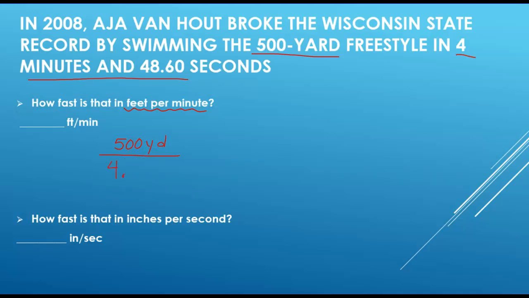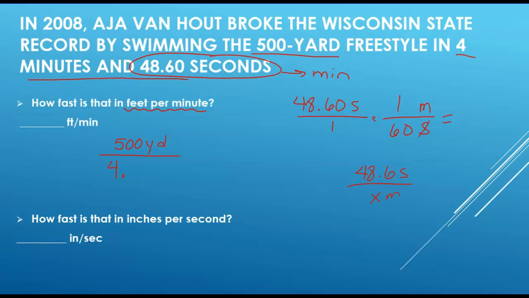We know it's 4 minutes, and we need to change this into minutes. Now we can do that either with a conversion factor. So 48 seconds is how many minutes? Well, we know that there's 60 seconds in 1 minute, or I could have done 48.6 seconds is how many minutes?